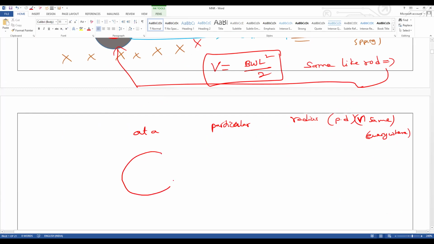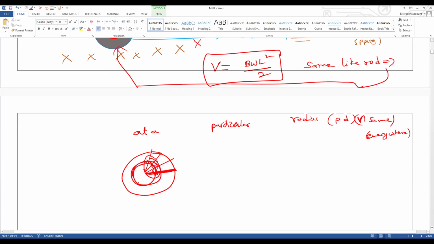If you imagine this as a slit, I am imagining small batteries: one small battery, the next one, the next one. At a particular radius, do the PDs remain the same or different?